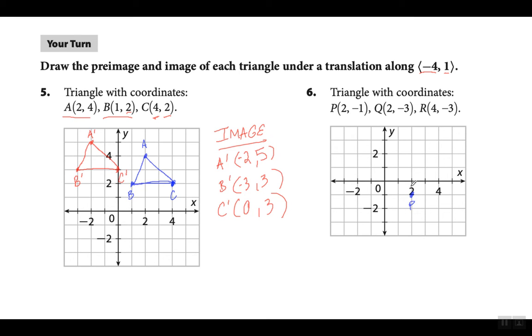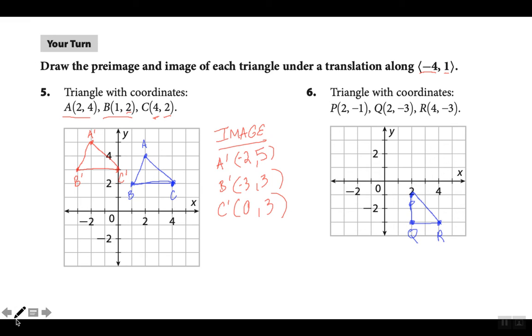Q is at positive 2, negative 3. And R is at positive 4, negative 3. Alright, so there's my pre-image.